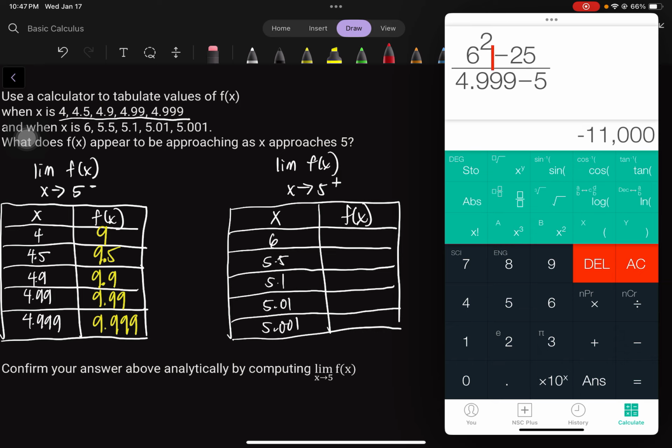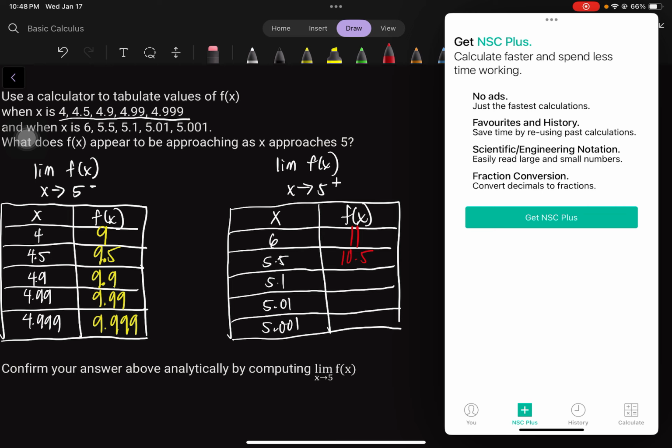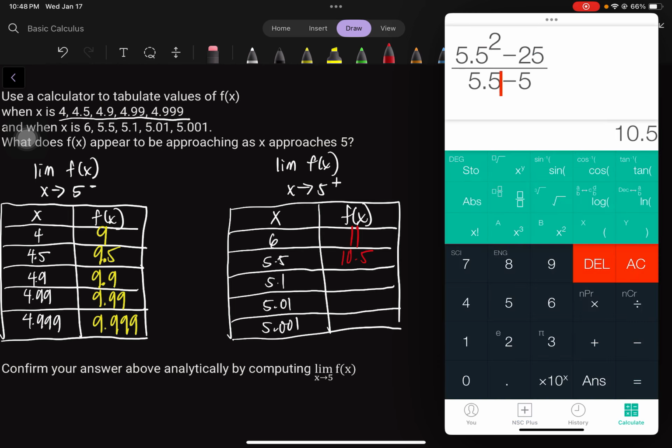6 squared, and this one also 6, equal to 11. Next, 5.5, with 5.5, gives 10.5. Okay, what happened? There. Then 5.1, with 5.1, gives 10.1.